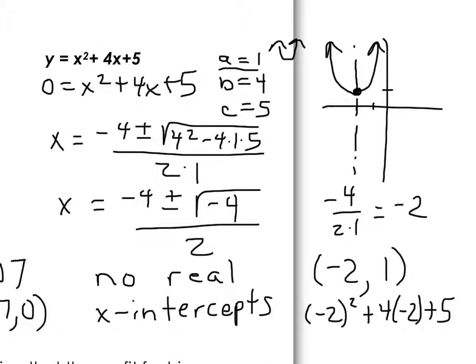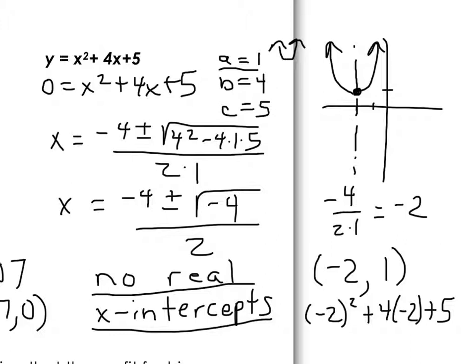We're trying to figure out what the x-intercepts are, but if the vertex is above the x-axis and it opens upward, there are no real x-intercepts. There's just not one.